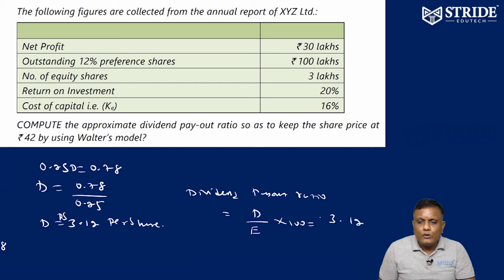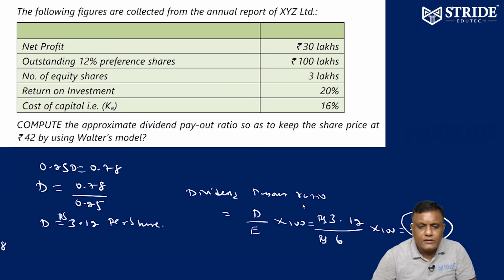D is rupees 3.12, E is rupees 6, into 100. That is equivalent to 52%. So according to Walter, dividend payout ratio is 52%. That's it.